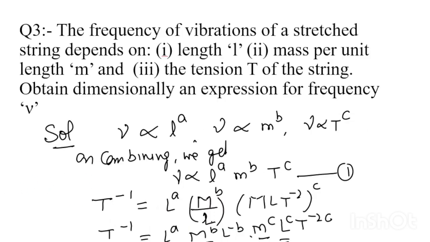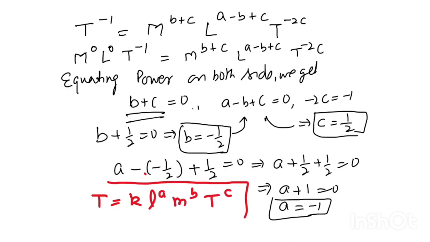Frequency, and on the left hand side this is the frequency. So we write here frequency. Frequency is nu. So nu equal to k L power minus 1, m power minus half, t power plus half.